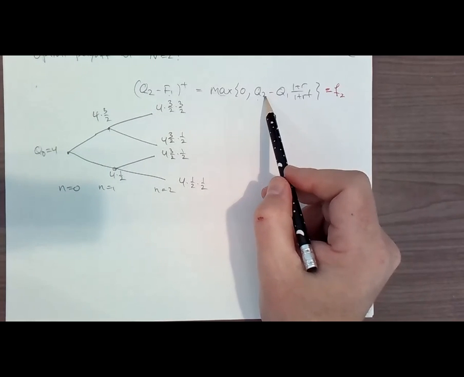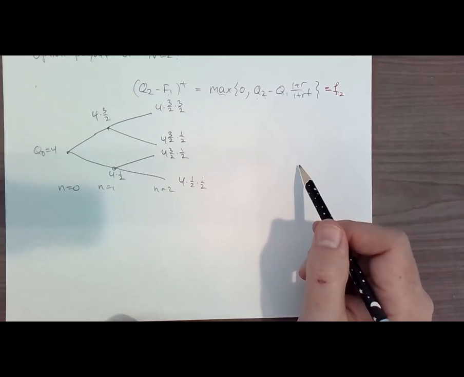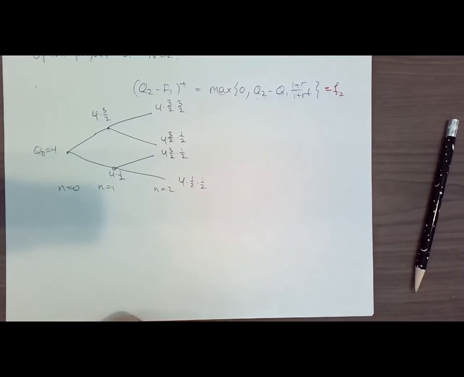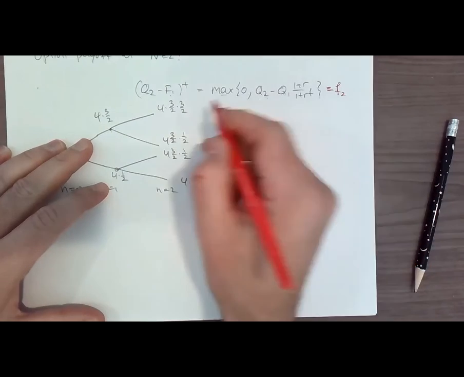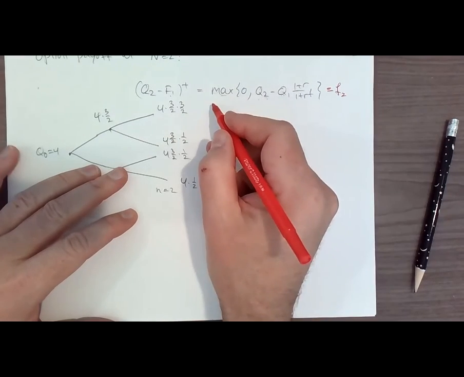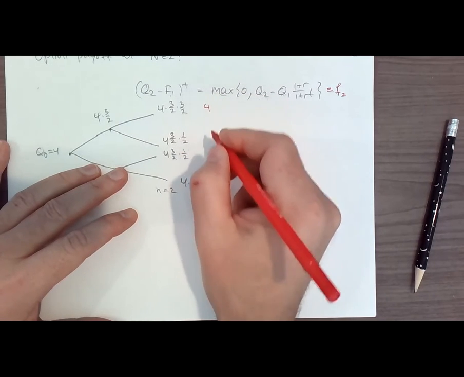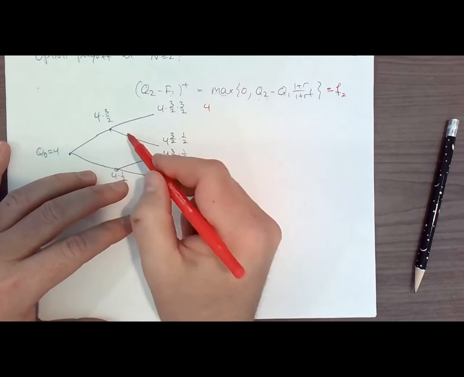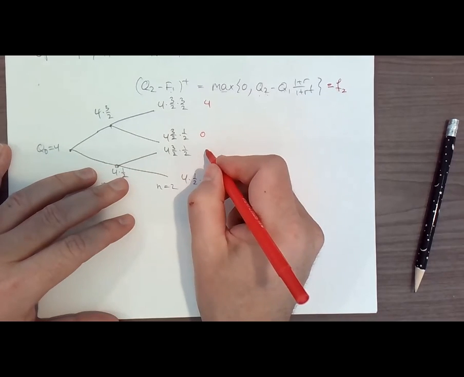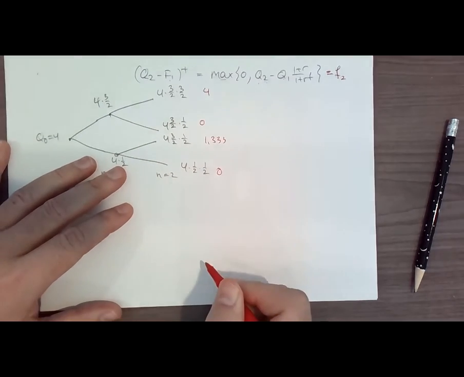It's not just Q2 that matters, it's also what Q1 is. This is because of this forward starting feature. So for F2, if you plug in what R and RF are, you'll get 4, and then, I think, heads and tails will be 0, and then tails and heads will be 1.333, and then you'll get a 0.